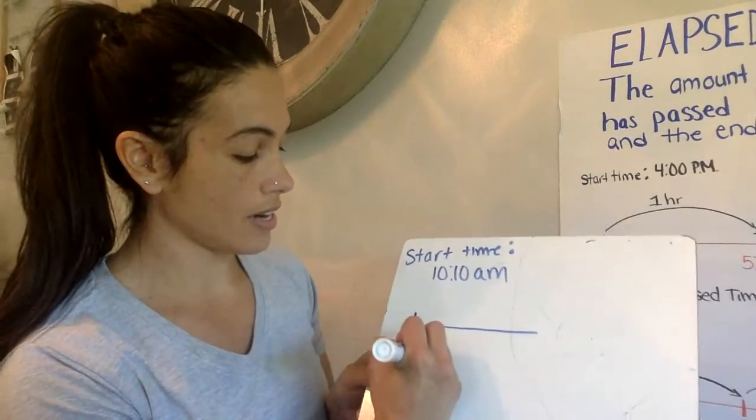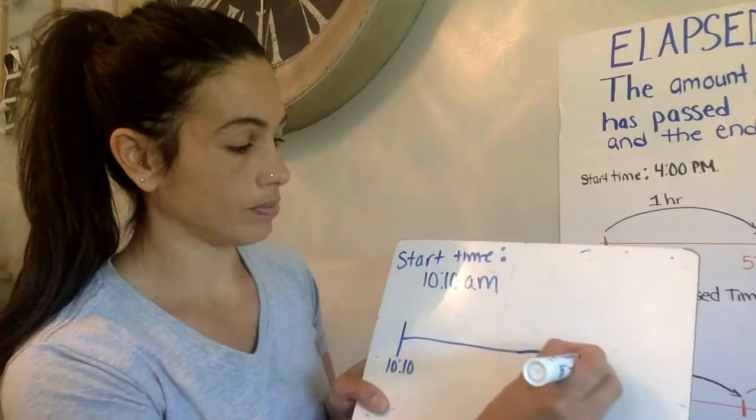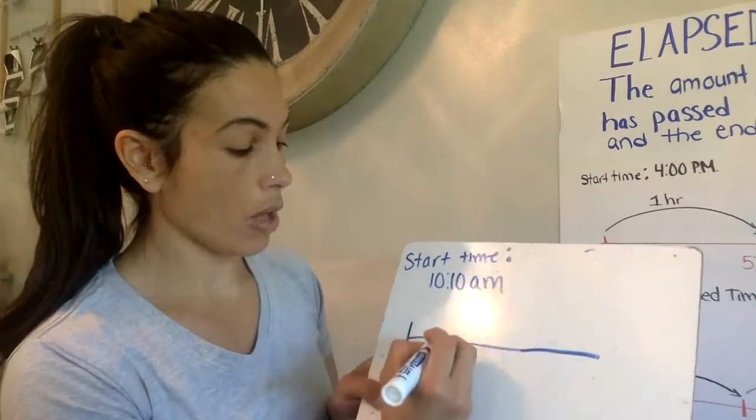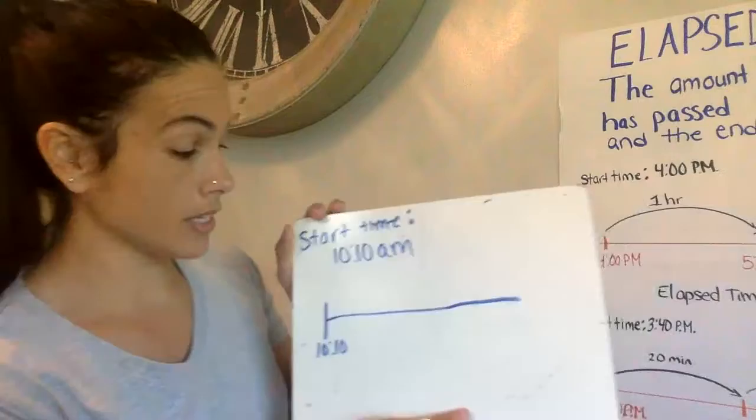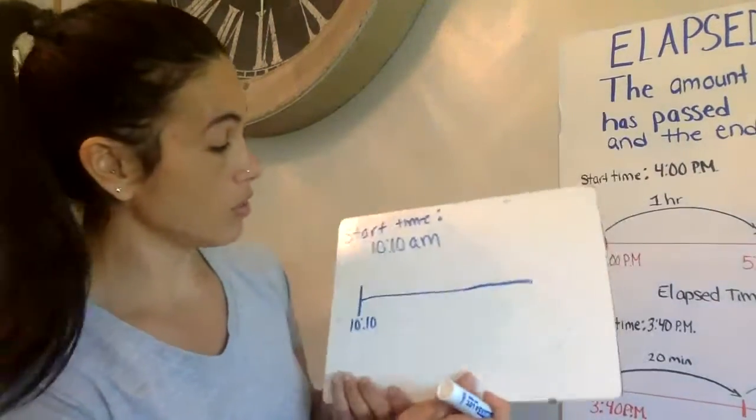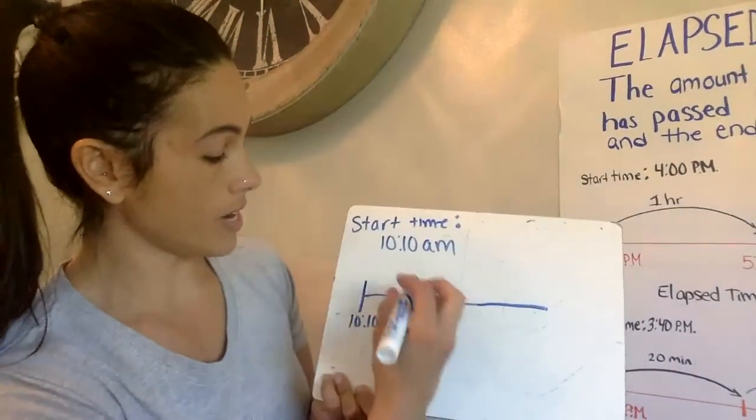And if it helps you to do every 10 minutes on the number line, you can do that because we're trying to figure out what time he finished.